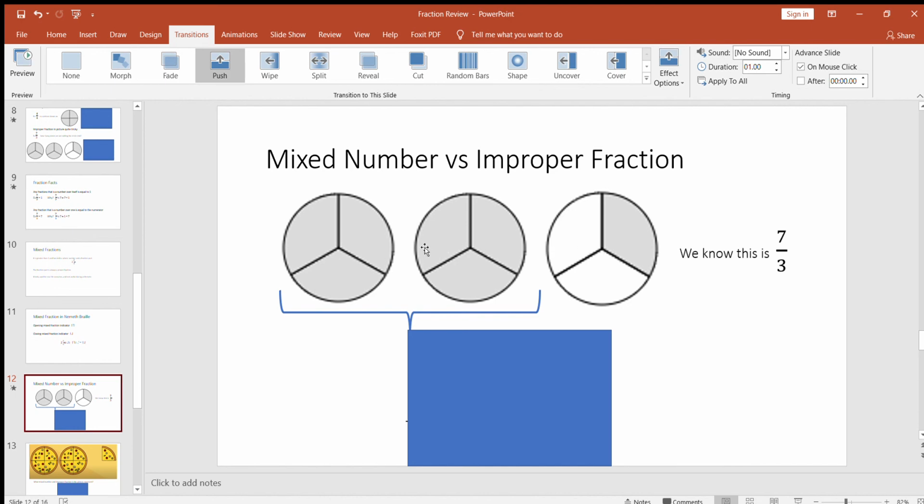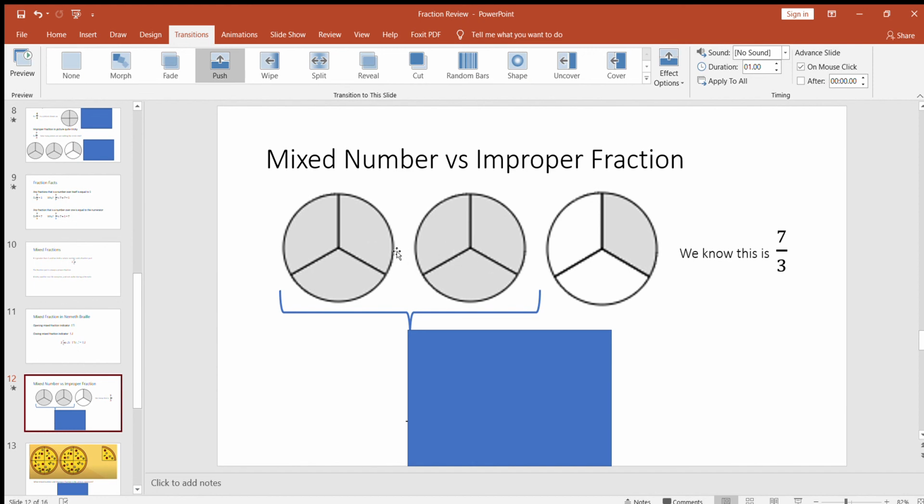This is called 7/3. Now, we're going to use the same picture. If you recall, two pizzas are completely shaded, right? Yes. We shaded the 2 complete whole pizzas.